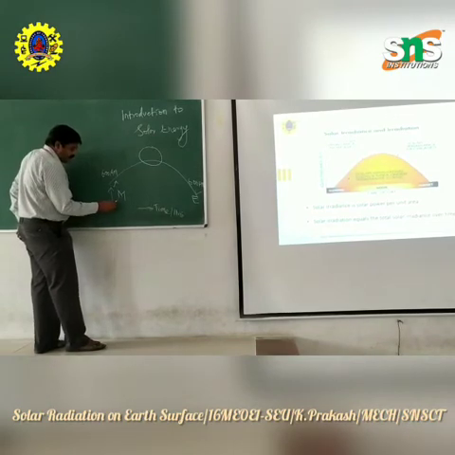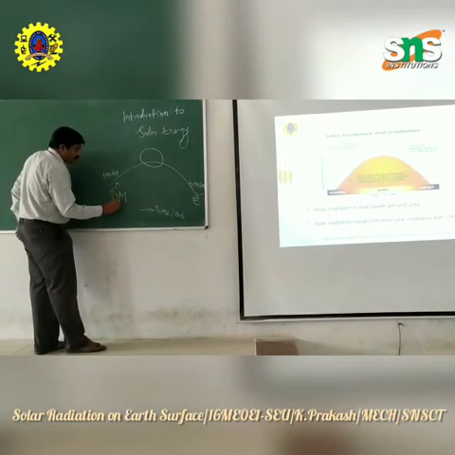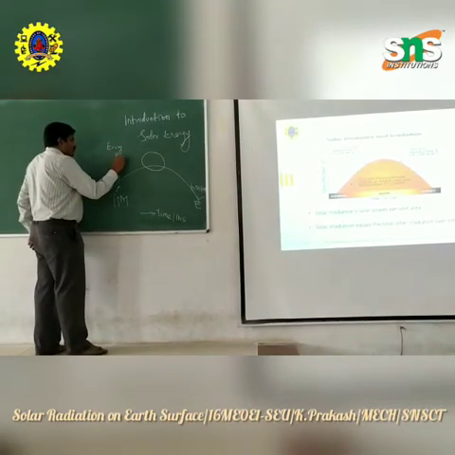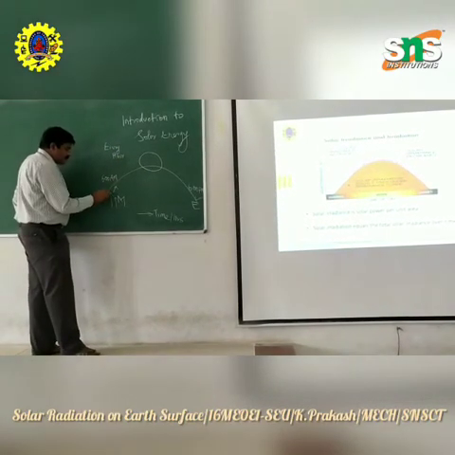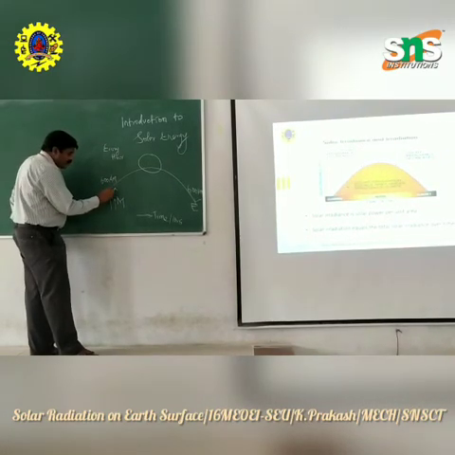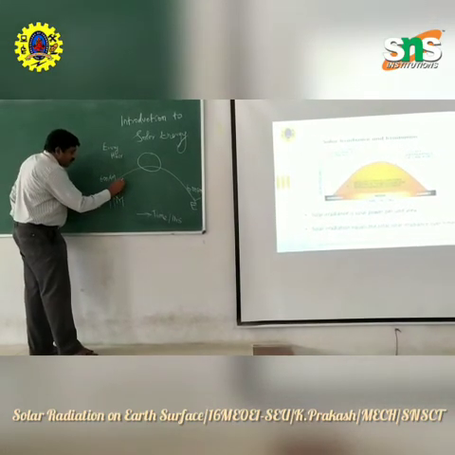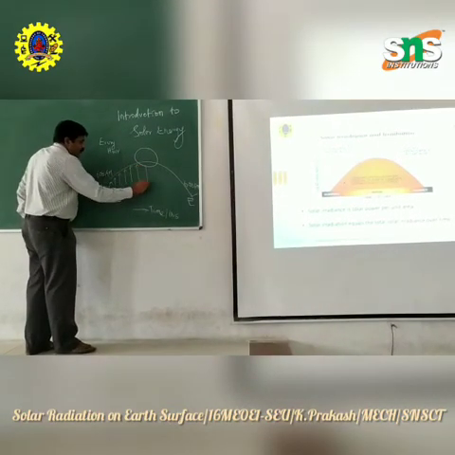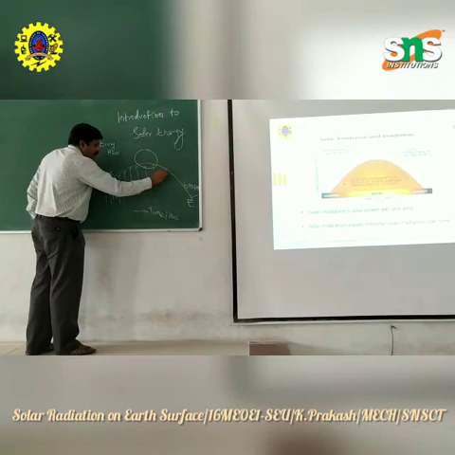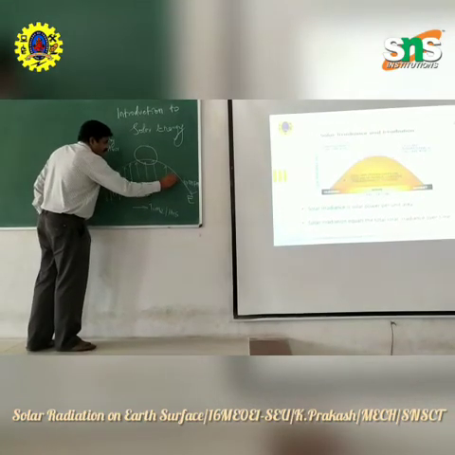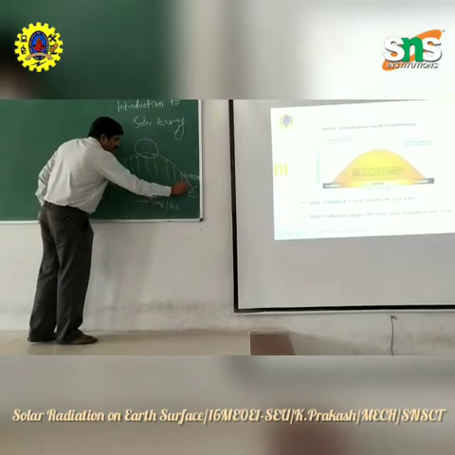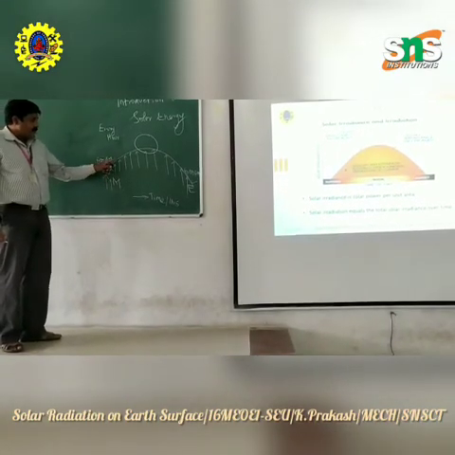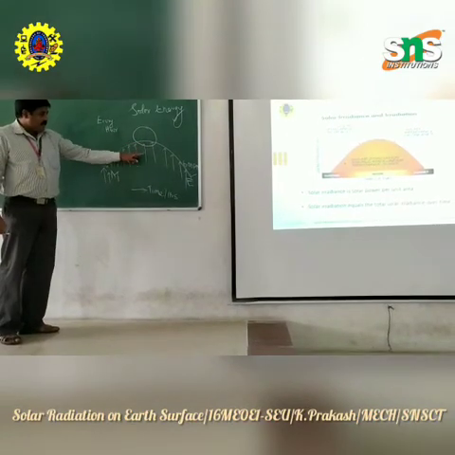For each and every hour we can measure the solar irradiation. The solar irradiation goes on increasing, reaches a maximum, and then decreases again. From the start of the graph it increases to the maximum.